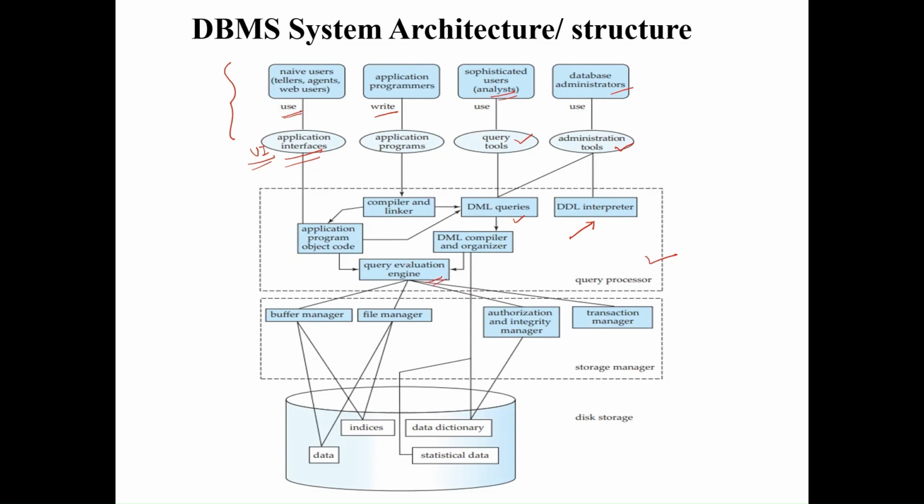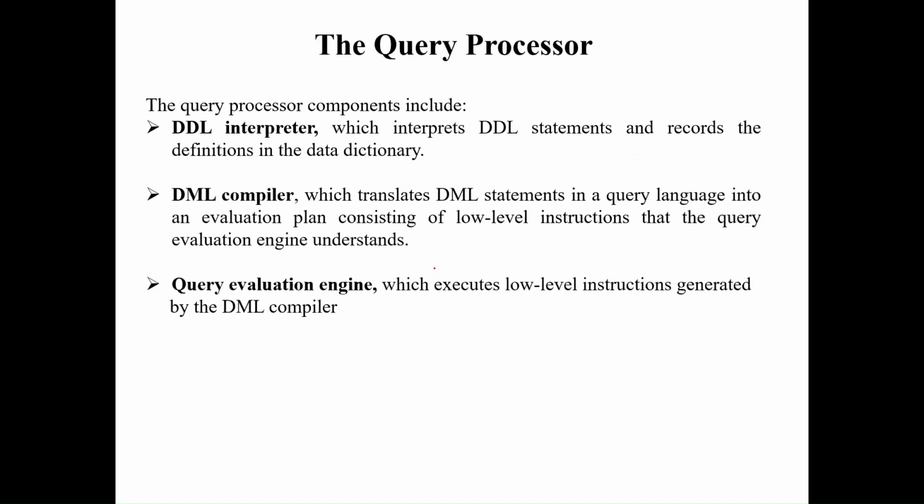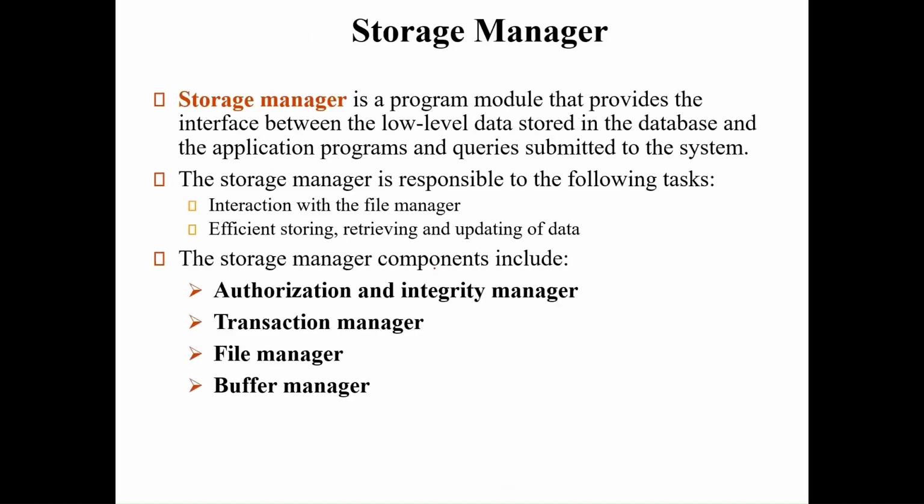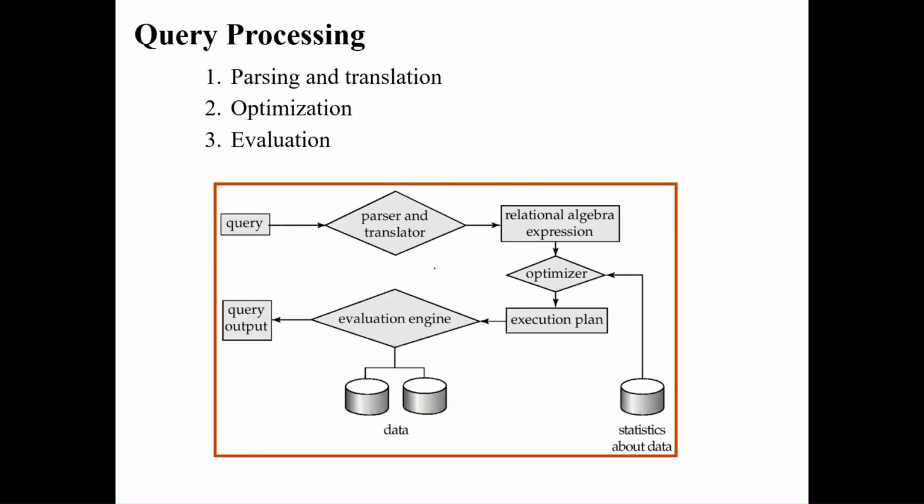So the query evaluation engine is a part of the query processor which receives the query and converts it into relational algebra. In the diagram of query processing, we can see that the query is received by the query processor, which parses and translates it into a relational algebra expression.